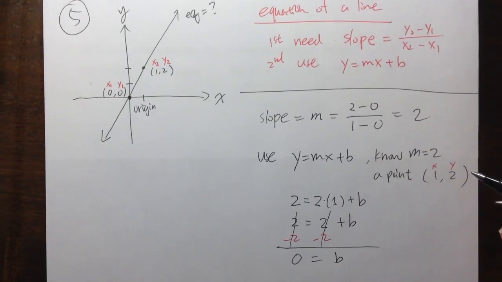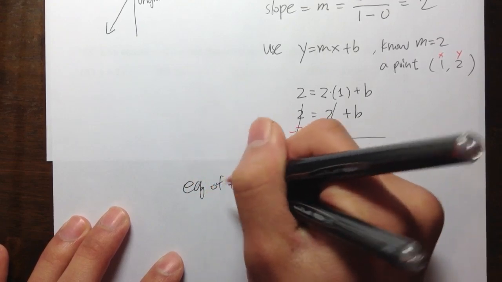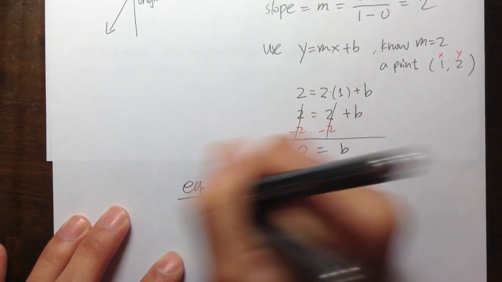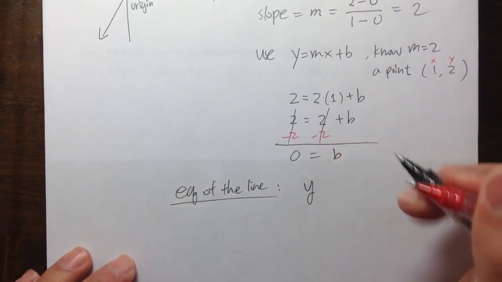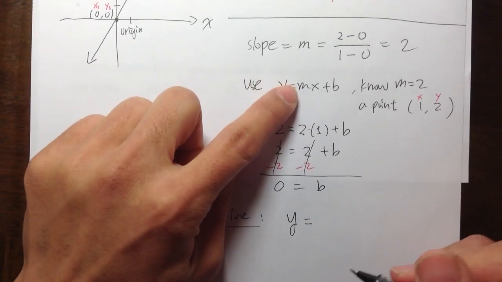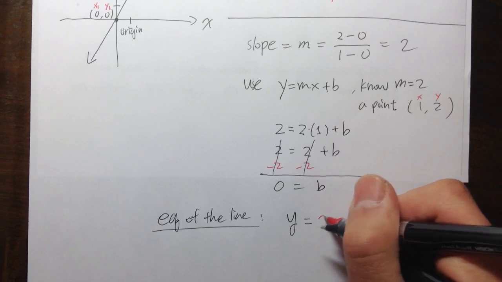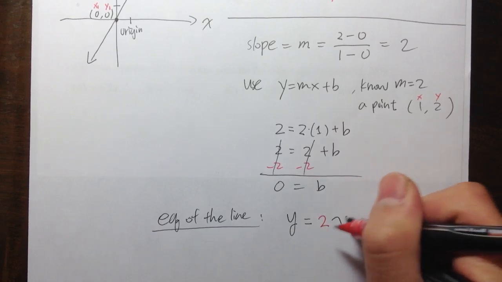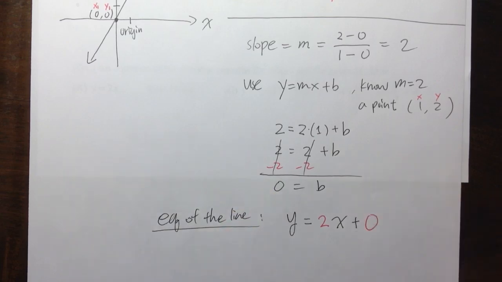So the equation of the line, back to here. I will just write it. Equation of the line. When you write the equation of a line, the y and x stay the same. They don't change. So we have y is equal to, plugging in the m, which is the 2, 2x plus, the b value was equal to 0, plus 0.